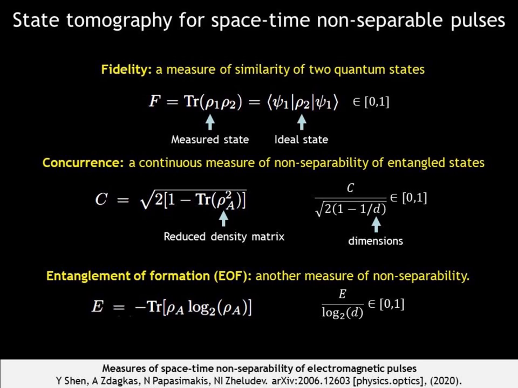We also calculate the concurrence and the entanglement of formation, the EOF, to quantitatively measure the degree of non-separability from 0 to 1. The 0 means the state is purely separable, and the 1 means the state is maximally non-separable.